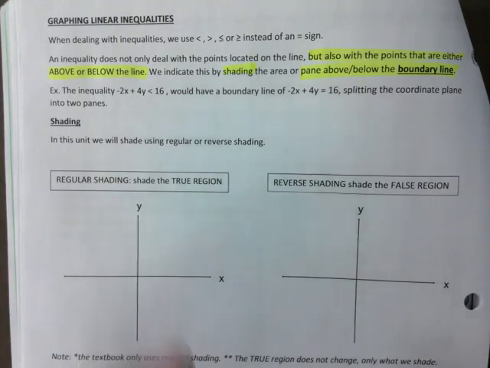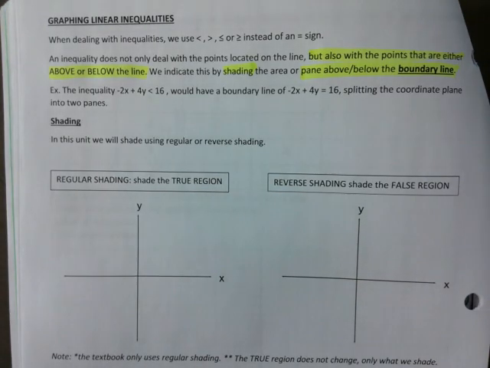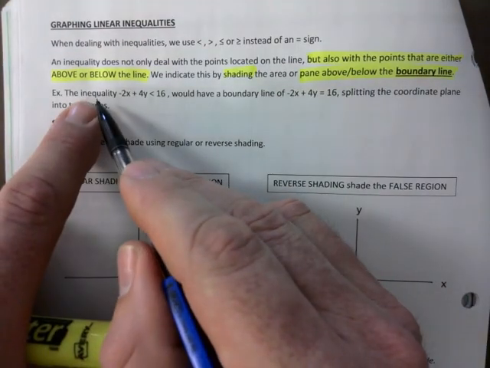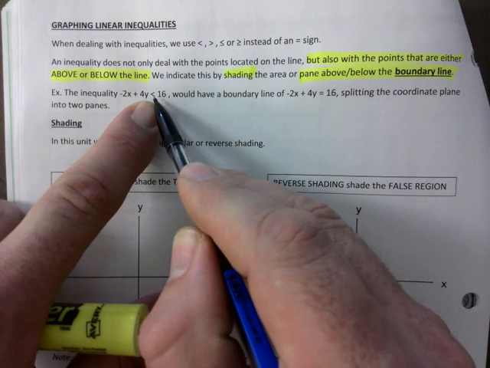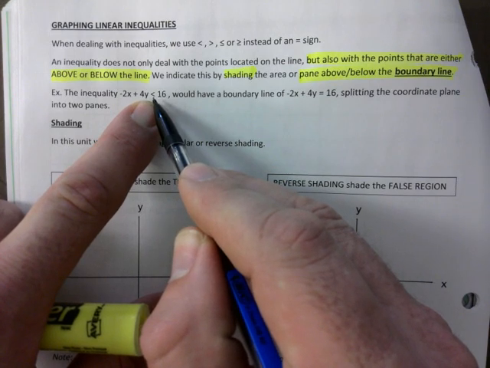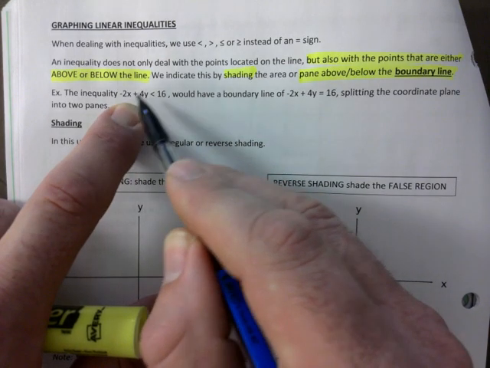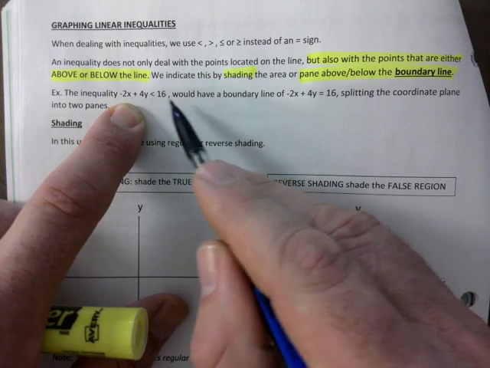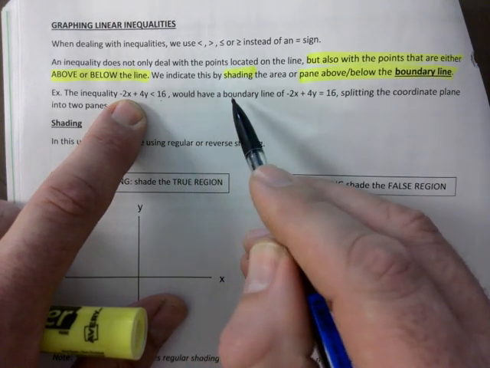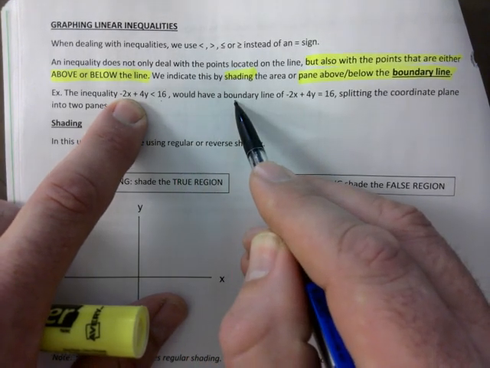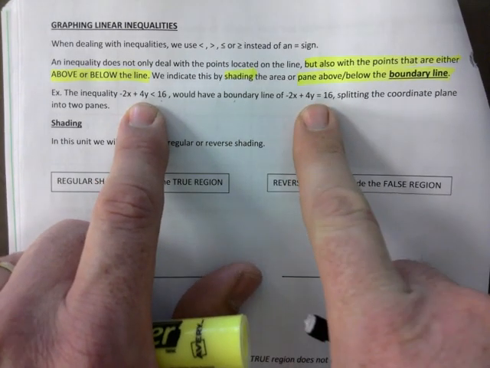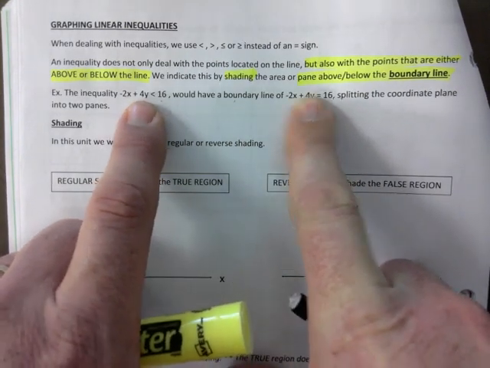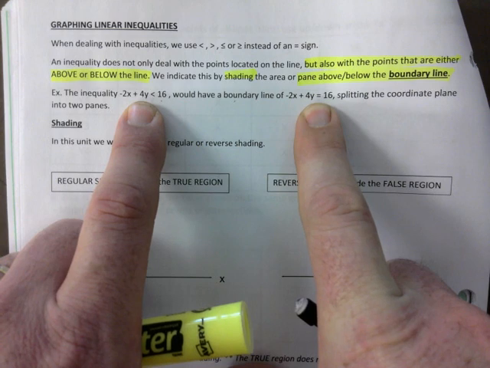So if you're looking at inequalities, right? If you have a symbol that indicates inequalities, you know that we're no longer dealing with just the line, we're dealing with the area either above or below that line, okay? Notice that the only difference between the left side here and the right side is the symbol.